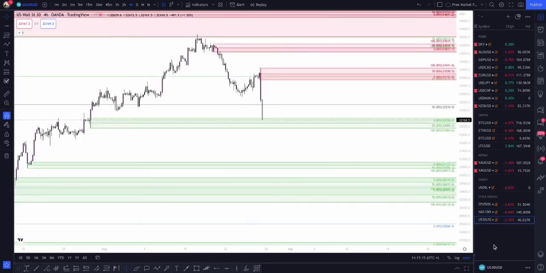All right, US 30, last but certainly not least. I've been having a phenomenal time trading US 30 as far as scalping throughout the day. But for this forecast, we do have more long positions reported.